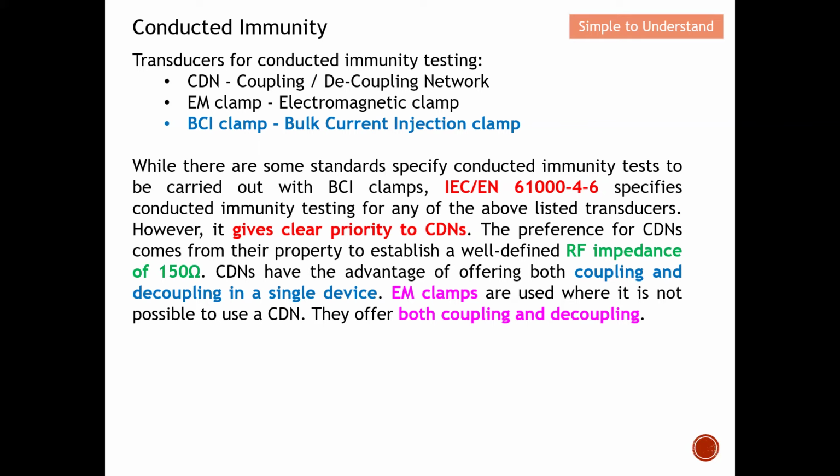If you cannot use CDN, then you need to use the EM clamp. They are only used when it is not possible to use a CDN. Both methods, the CDN and EM clamp, offer both coupling and decoupling, but BCI cannot, which I'm going to explain later on.